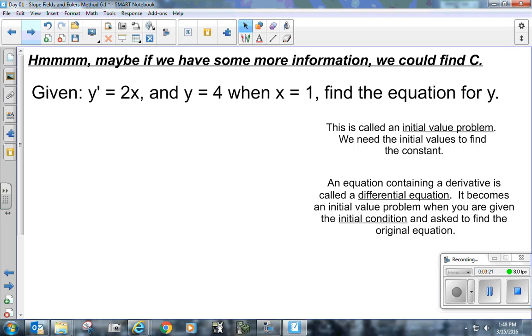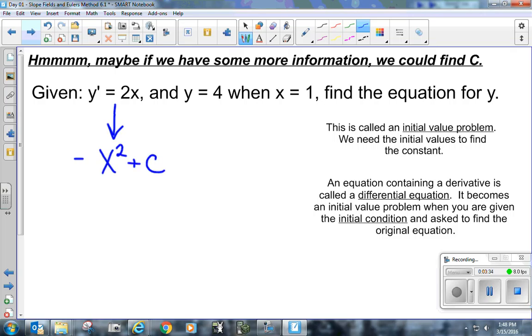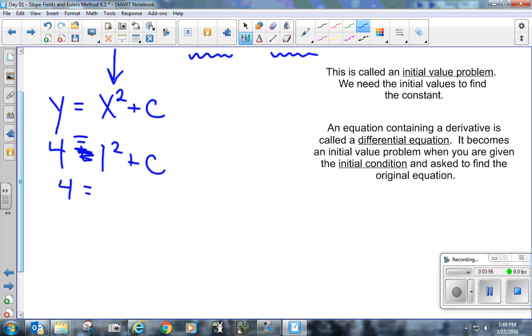So let's do this. We just figured out that if we integrate 2x, we get x squared plus c. That's my original equation. Now we can actually find out what that c is when they give us the initial values of the problem. y is 4 when x is 1, so 4 equals 1 plus c, and c is 3.